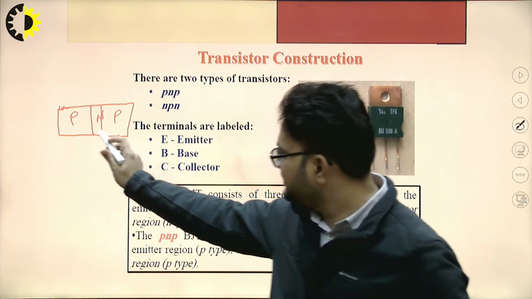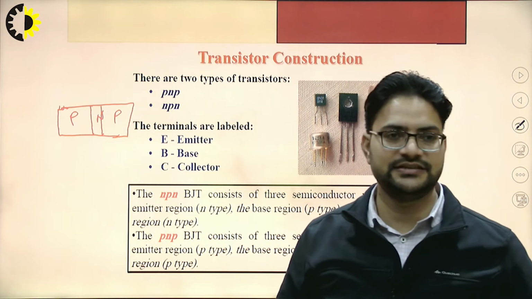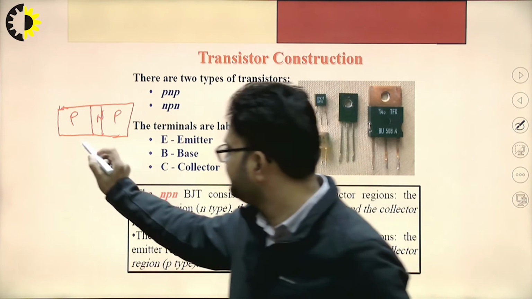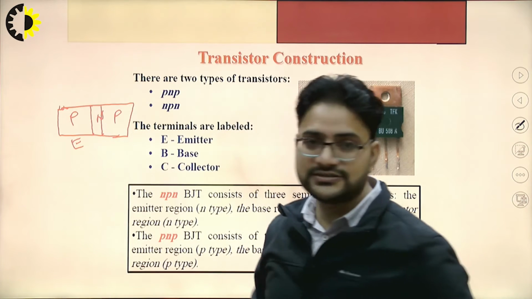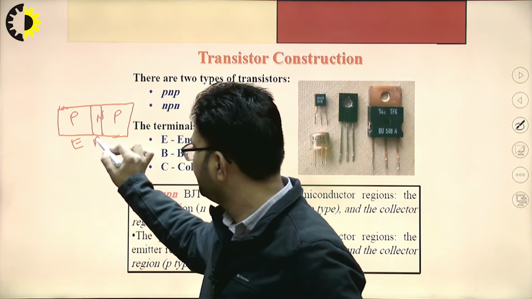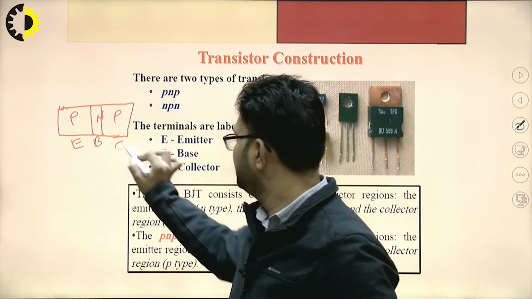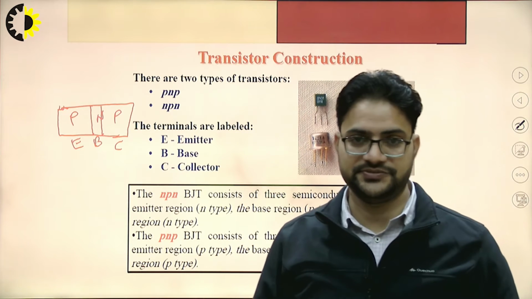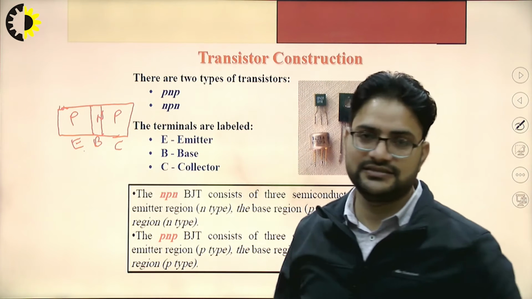The first layer is P side, the second layer is N side and the third layer is P side, right? This first layer is called the emitter. The second layer is called the base and the third layer is called the collector. Or you can say these are the terminals actually, right? So first one is emitter, base, collector.